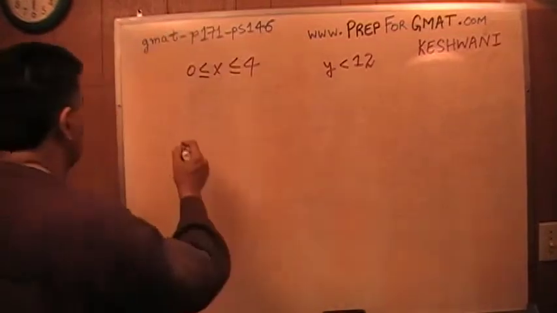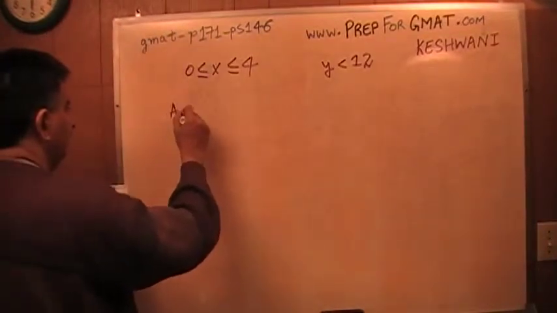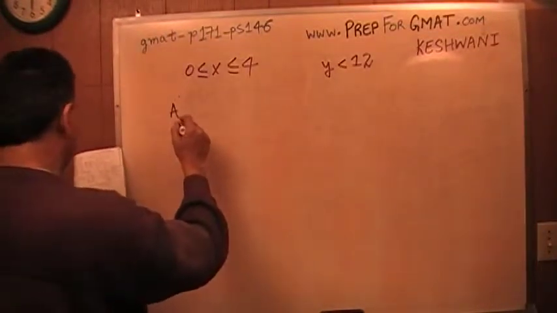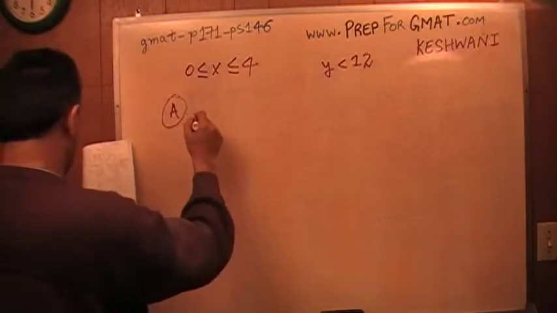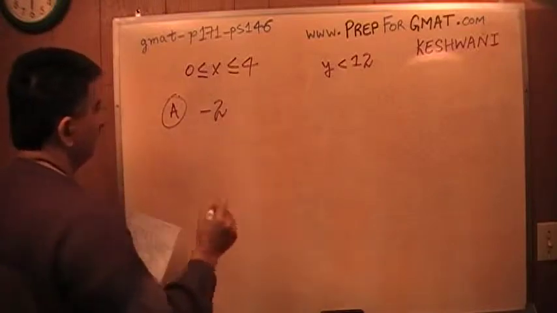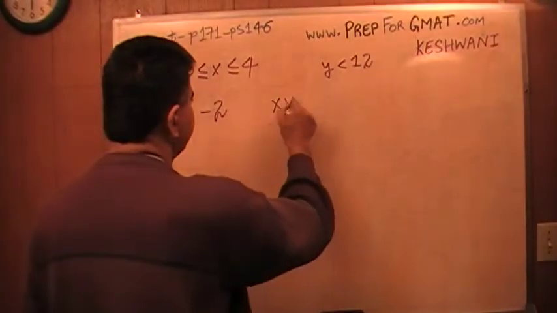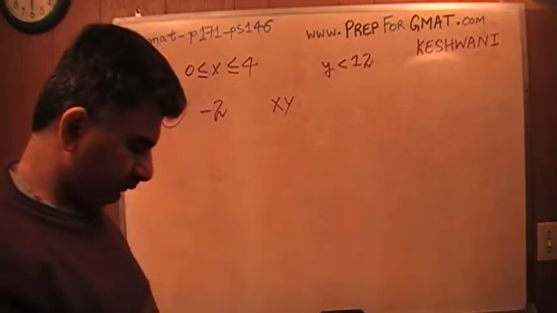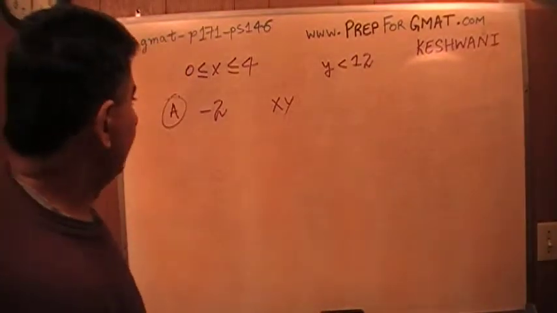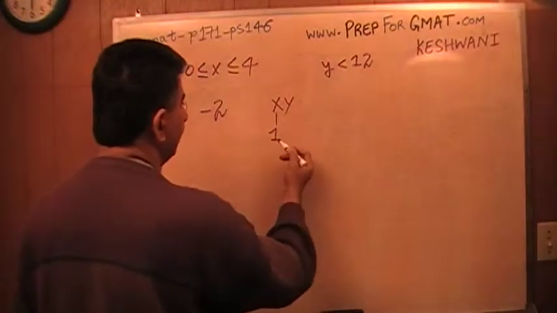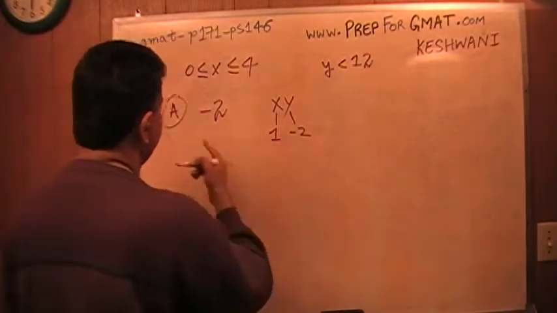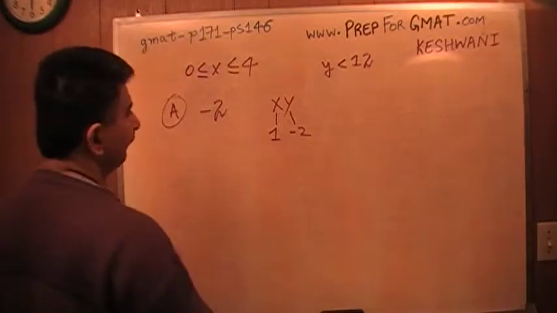Let's take a look at it. The very first one is A, which says negative 2. The question is, can x times y be negative 2? Well, why not? If x were 1 and y were negative 2, we can have x times y equal to negative 2.